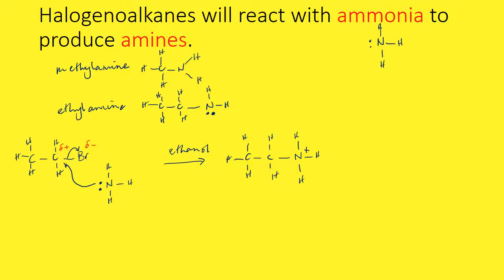Let's make sure we understand why, by drawing in the 2 electrons that were in that bond there. So they were the 2 electrons in the carbon-bromine bond, and they left, right, to go with the bromide ion that left. So let's draw that lone pair.